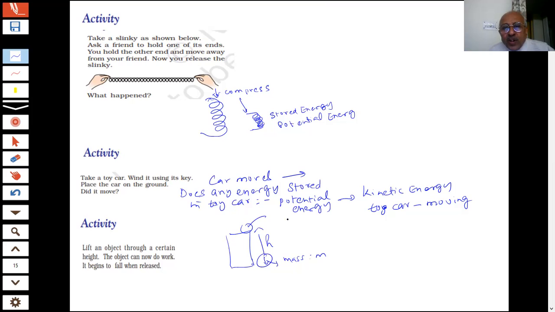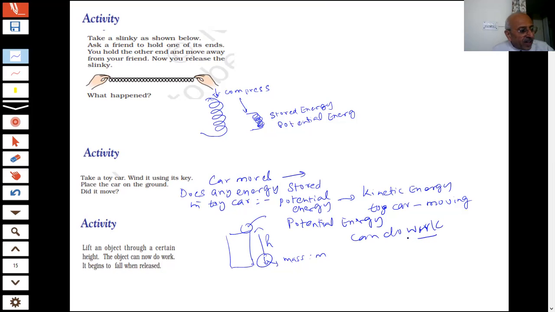What type of energy is stored in this, student? Potential energy. And this can do work now, because energy is there. This is an important point.